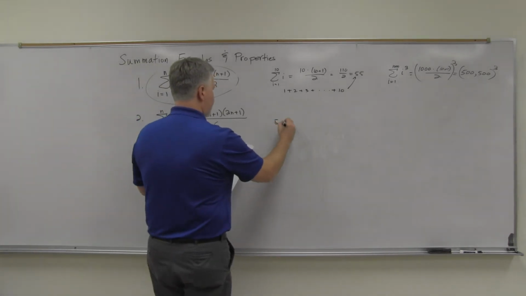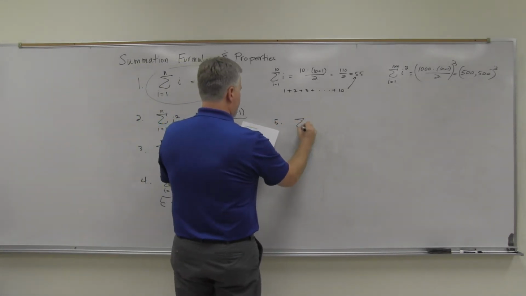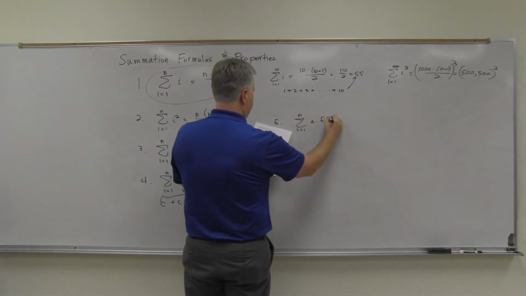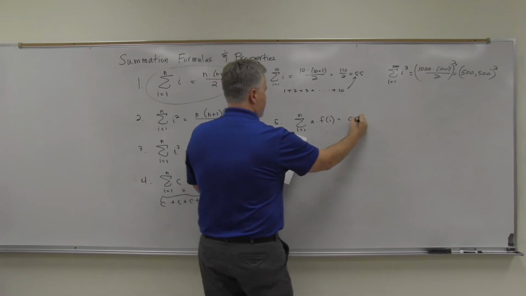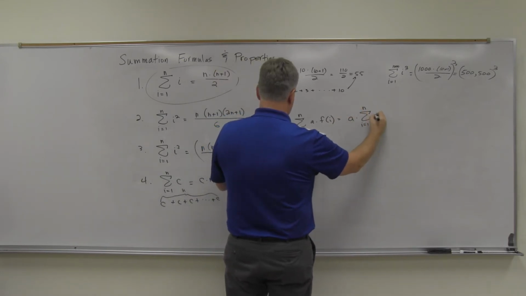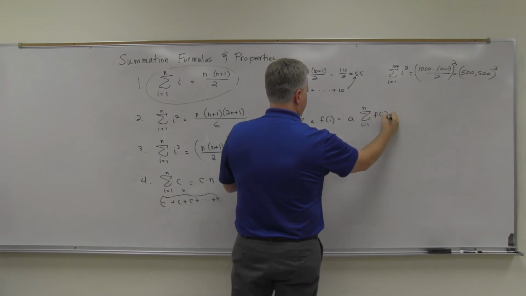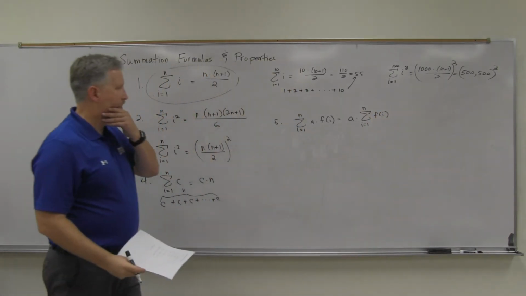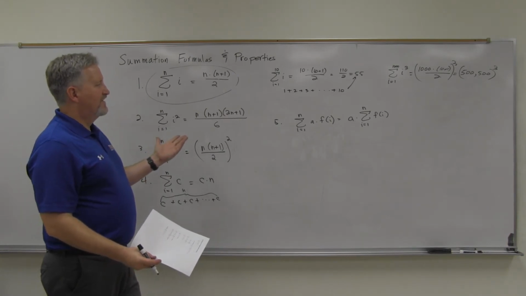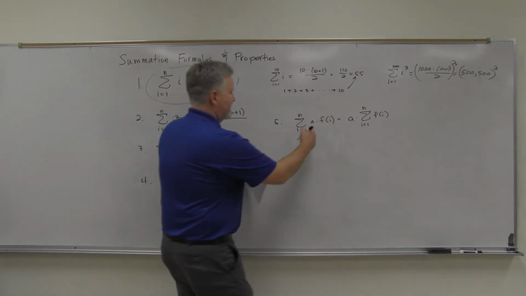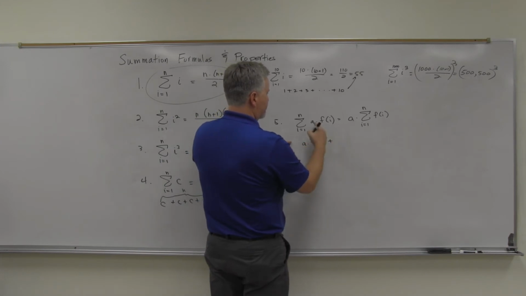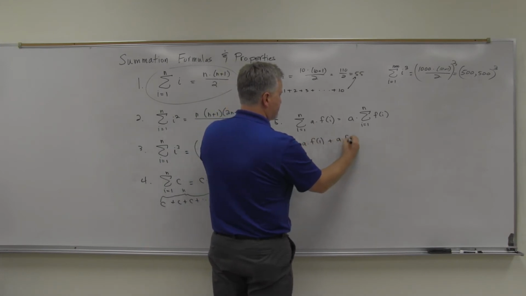All right, number 5 on my sheet. So I have the summation from i equals 1 to n of a times f of i. That equals a times the summation i equals 1 to n of f of i. Well, that again is just kind of a factoring deal, because if you write out the terms, that'd be a times f of 1, and then the second term would be a times f of 2, right?